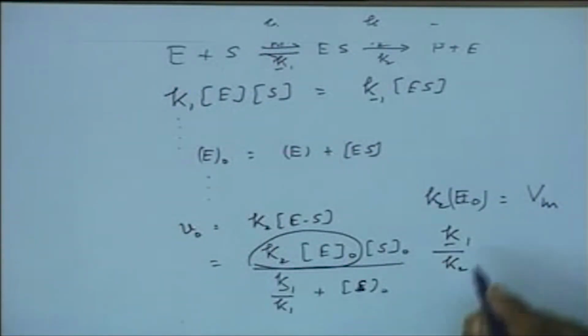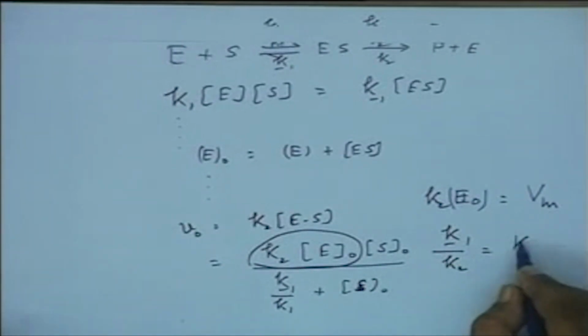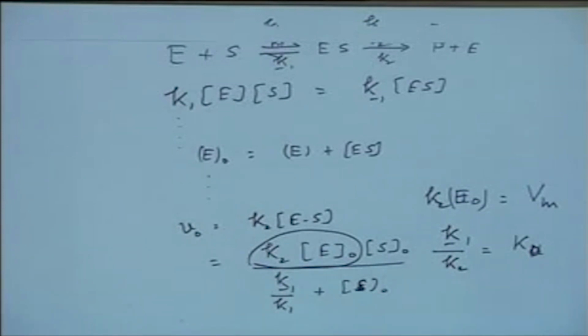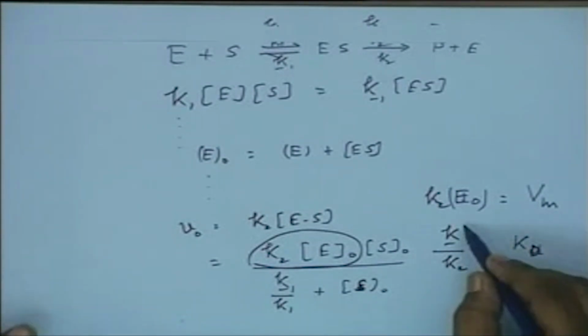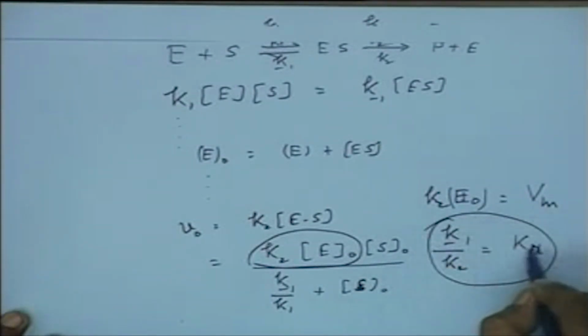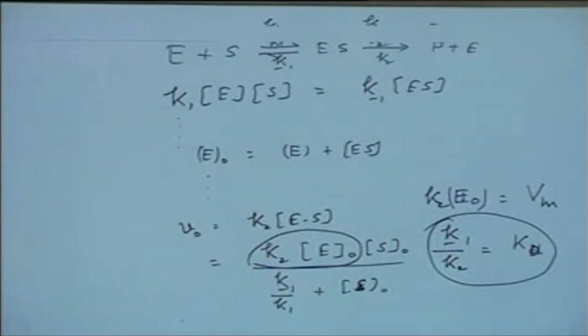Now, the ratio of the two was considered as Kd, the dissociation constant, essentially the dissociation constant of ES. At the time of Michaelis-Menten, there was no proposal of a Michaelis-Menten constant.